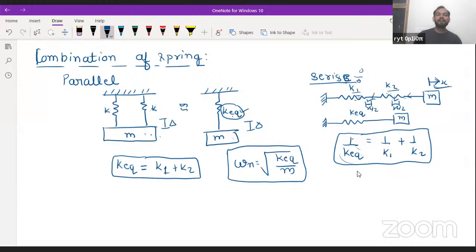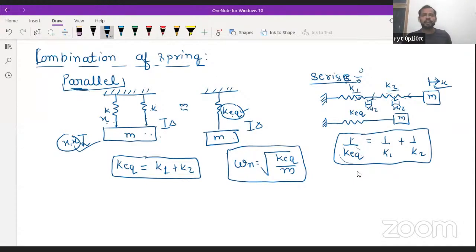Now what about parallel? In case of a parallel arrangement, the displacement of the spring is the same as the displacement of the mass. Then such springs are said to be in parallel.